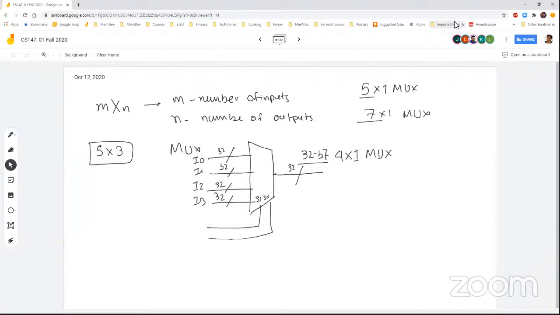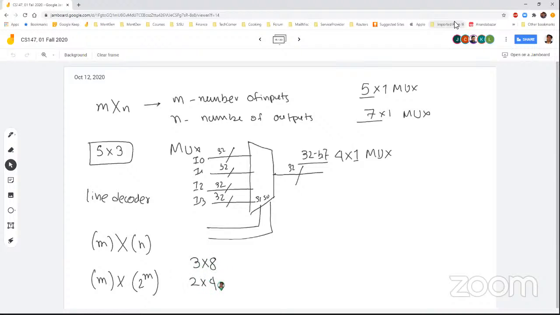So the decoder, especially the line decoder, is in the form of, if you want to say M multiplied by N, it's practically M multiplied by 2 to the power M. So 3 by 8, 2 by 4, 4 by 16, 5 by 32.